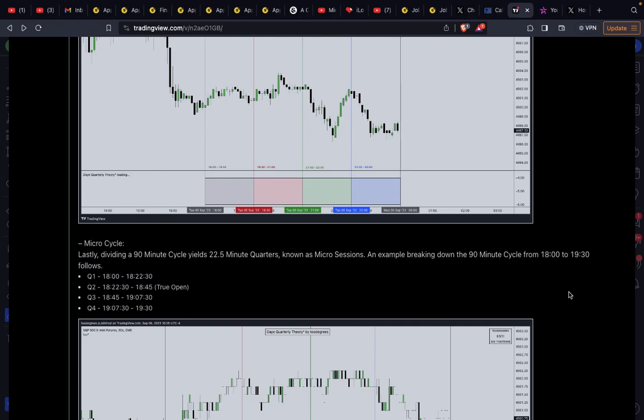Then you have the microcycles. Lastly, dividing a 90-minute cycle yields 22.5-minute quarters known as microsessions. An example is breaking down the 90-minute cycle from 6 to half past 7, a quarter of a quarter.